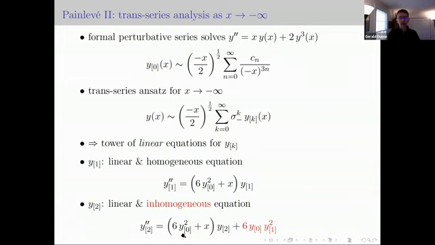So I have this same linear piece here, but now I've picked up an inhomogeneous term. So again, some of the comments that Adri made about the importance of this inhomogeneous contribution become relevant in general in these trans-series expansions.